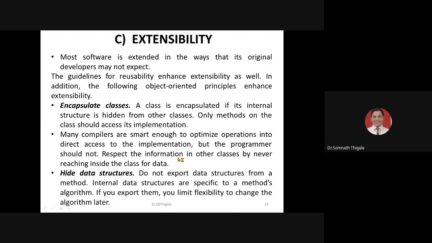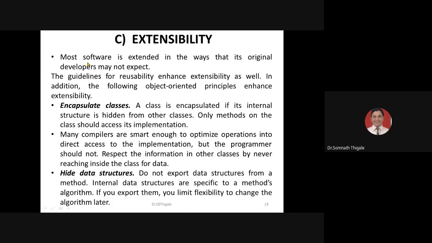After reusability, the next important part is extensibility, as the name suggests. So what can we say extensibility means? A simple example I told you is the number of users or number of classes you are using.